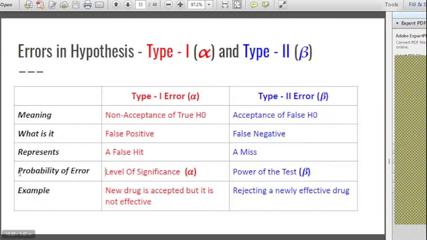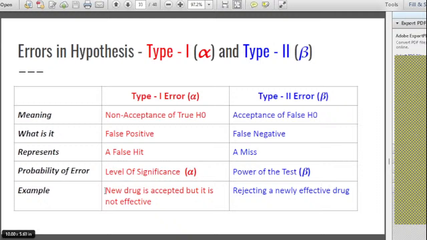Probability of error is called alpha here, and beta here. Alpha is called the level of significance. We are going to work with level of significance a lot, so understand this very well.